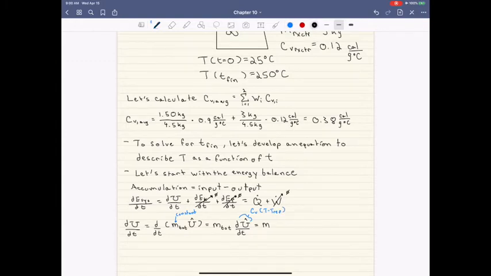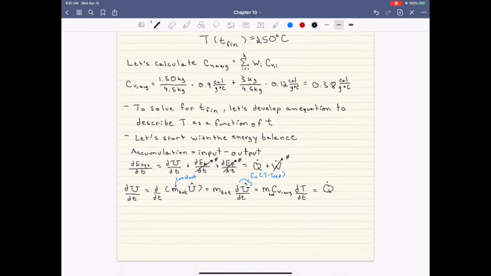Based on that, when we take the derivative and pull out all the things that are constant, what we get is CV, and call this a CV average, times the derivative of temperature with respect to time. That's everything on the left hand side, and on the right hand side we just have our heating rate.